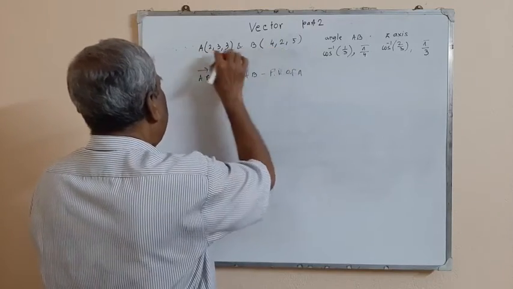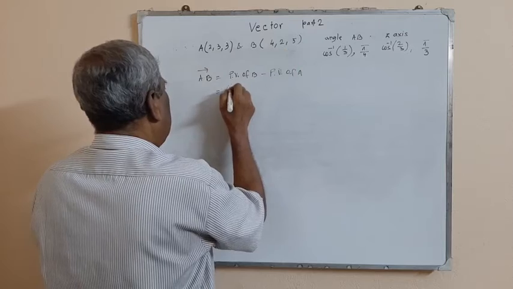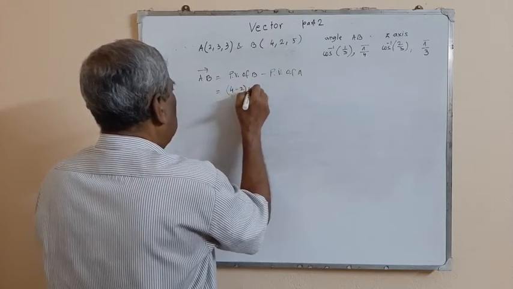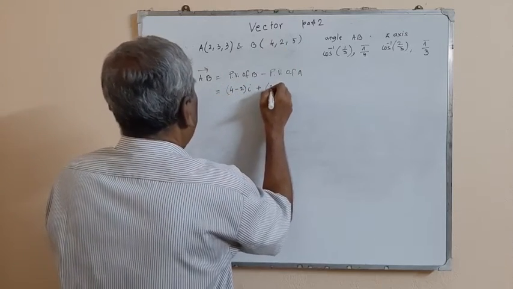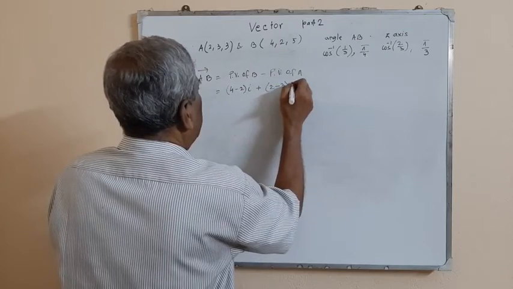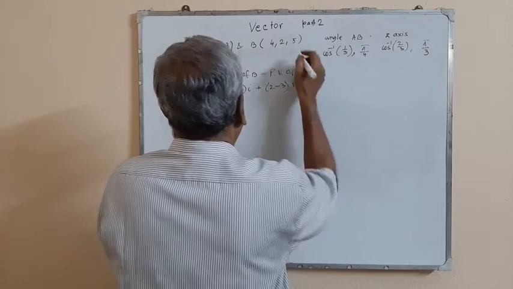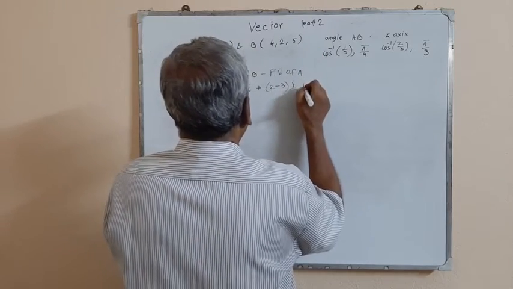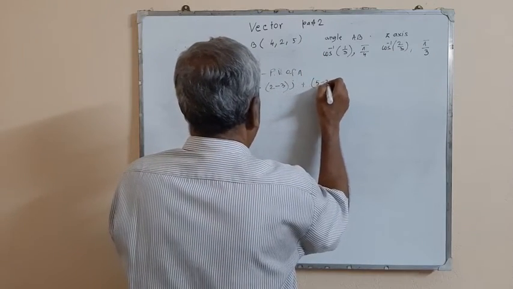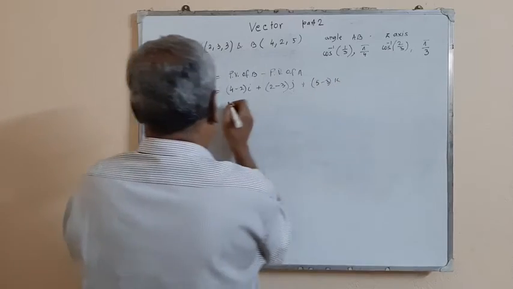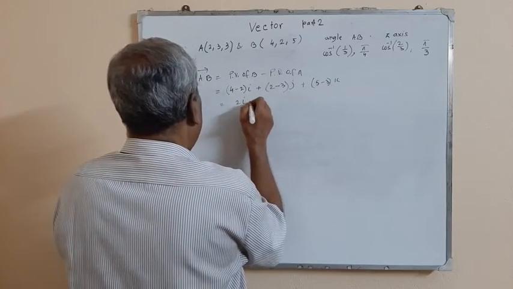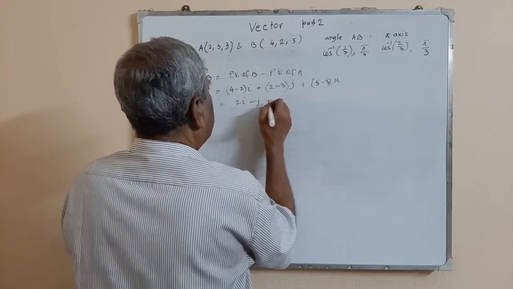This is 4i. 4 minus 2 into i plus 2 minus 3 into j, difference of j components, y components, plus 5 minus 3 into k, which is equal to 2i minus j plus 2k.